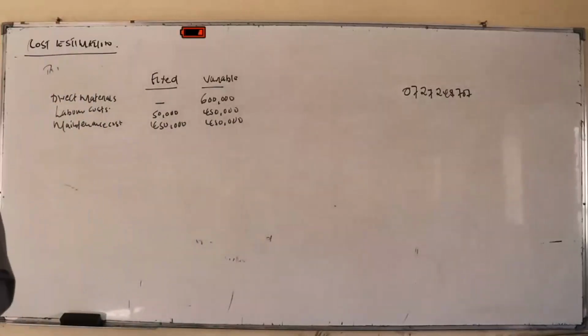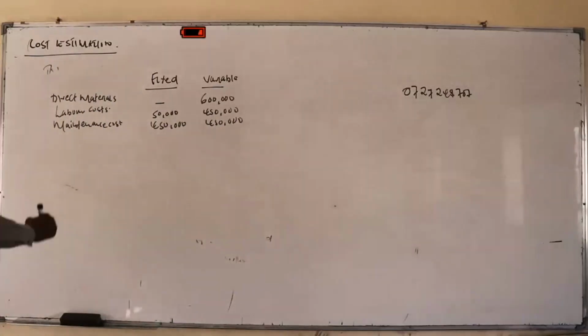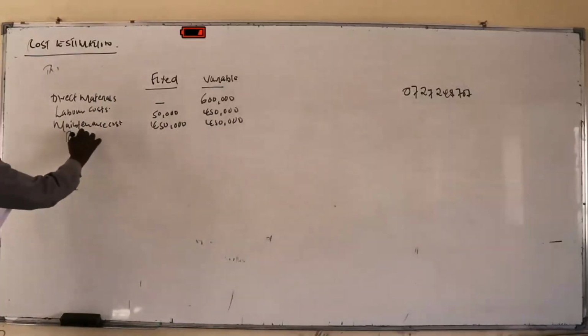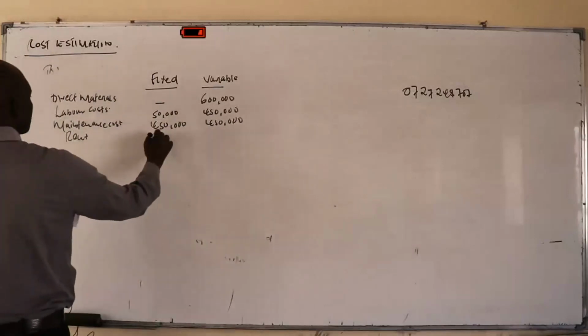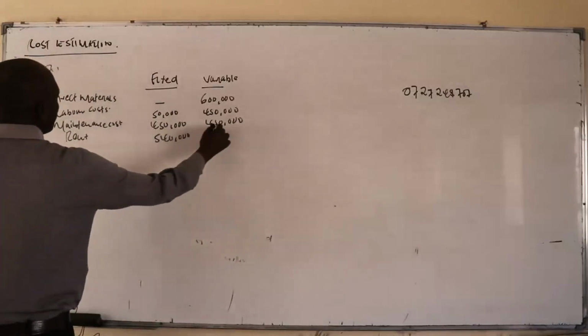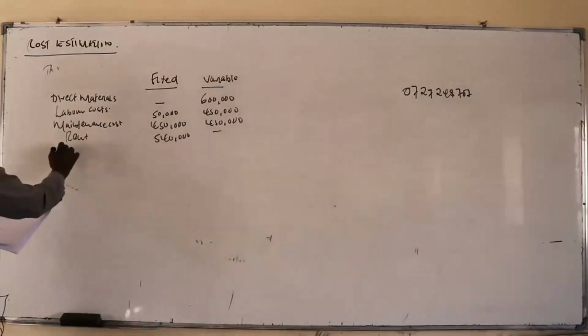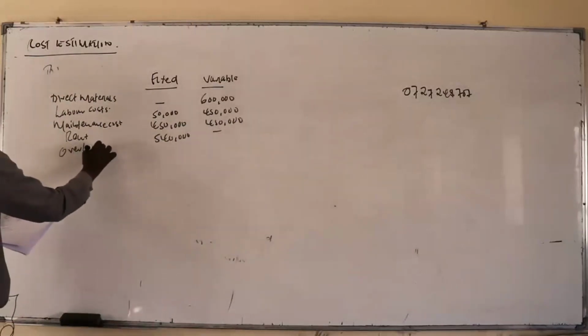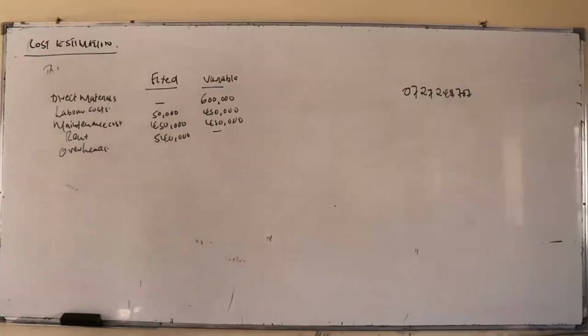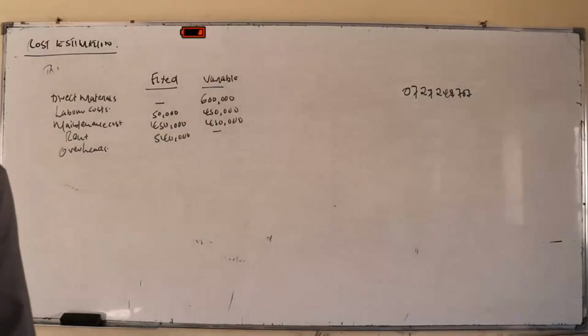The total cost is 540,000, and we have been told rent is all fixed, 540,000. So here you write a dash. And then we have overheads. You have been told the total cost is 840. Out of that 840, 30% is fixed. 30% of 840 is how much?